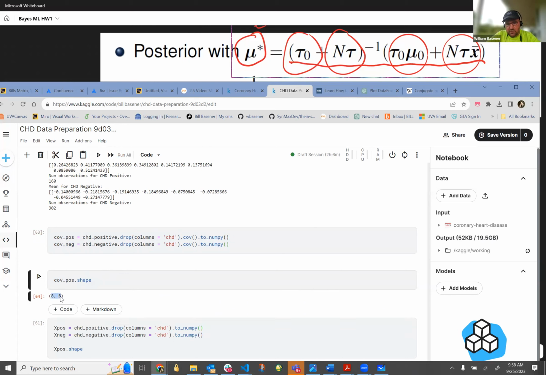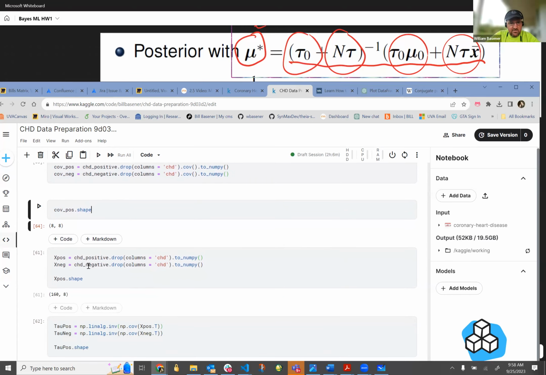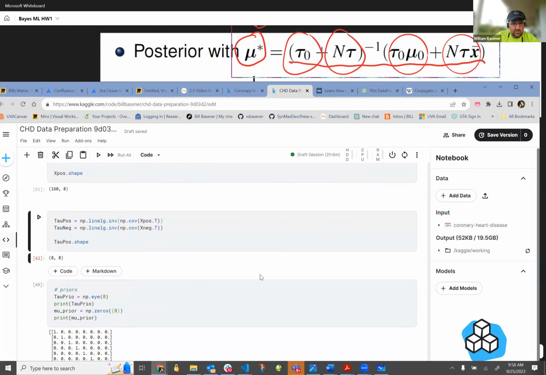That's 8 by 8. So the only real mistake that we got with our dimensions is when we tried to recompute it. We recomputed it first with the pandas data frame covariance method. That worked just fine. And we recomputed it with the NumPy cov off of the data, but it turns out for this NumPy method, we have to transpose the data so it understands it and gets the right shape.